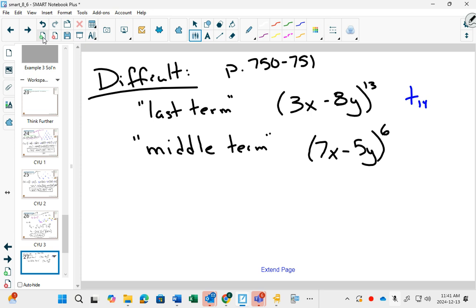It's going to be term 4. Because the 6 tells you there's 7 numbers. Number 1 mistake students make for the middle is they do term 3 because they just take 6 and divide it by 2. But term 3 means that there would be 2 on this side.